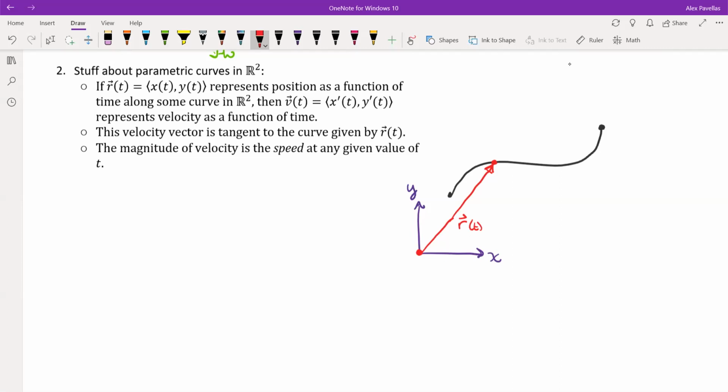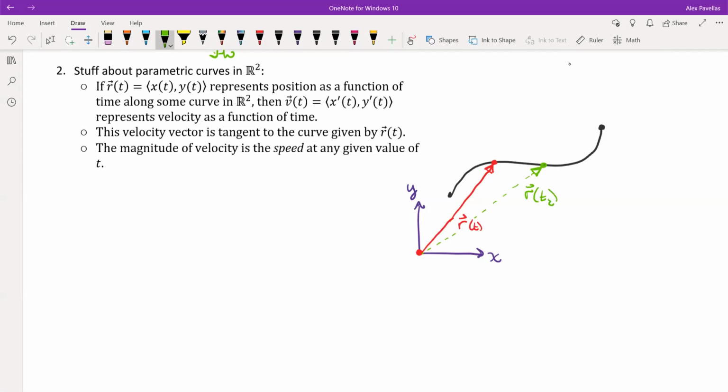And if I plug in some later time, so r of some other time, then I would get some other point on the curve. So this vector would be r of t2 or something, some other particular time. And if we interpret this as time, then our velocity would just be the derivatives of these things, defined in the same way.